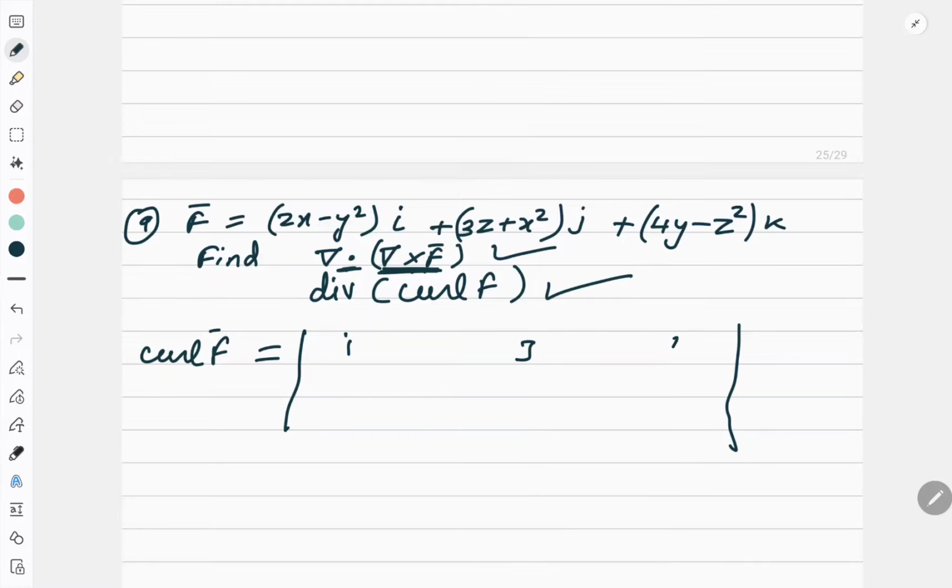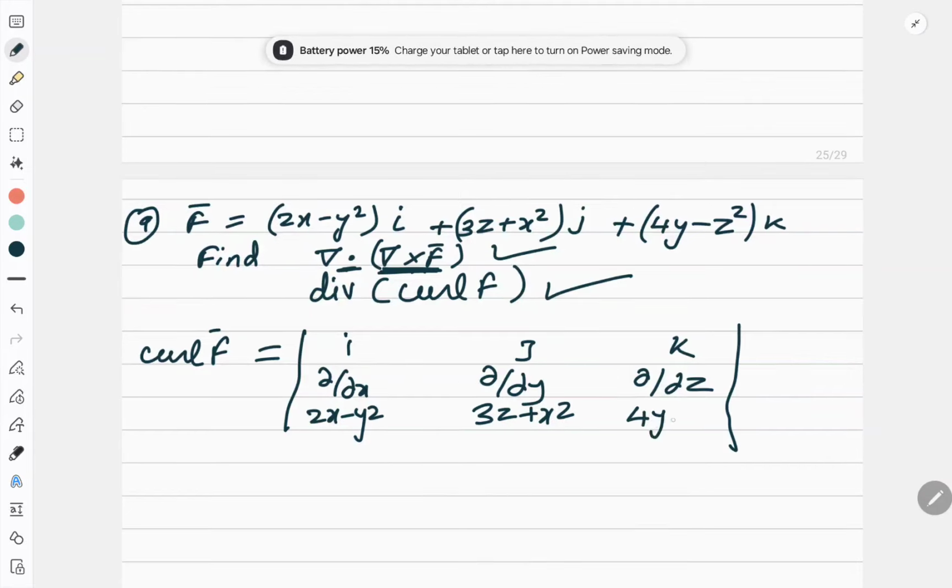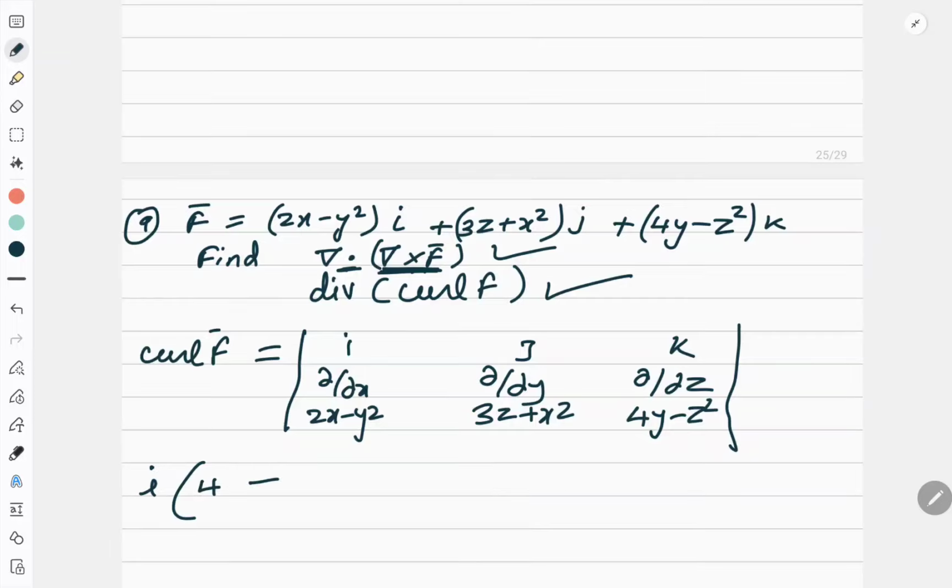So i, j, k; del by del x, del by del y, del by del z. What is the coefficient of i? 2x minus y square, 3z plus x square, 4y minus z square. So i, del by del y of this is 4, minus del by del z of this is 3. Minus j, del by del x of this is 0, and del by del z of this is also 0.